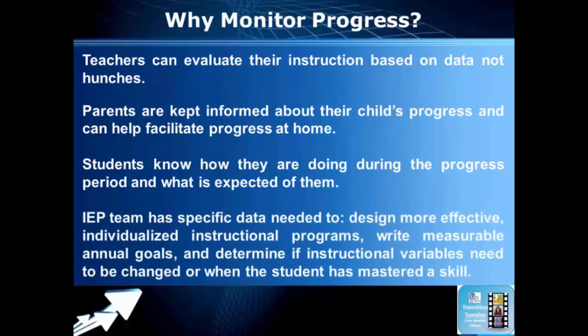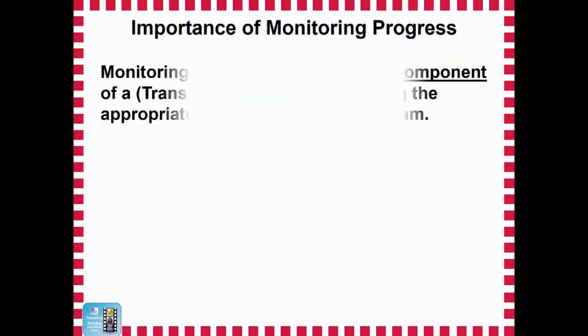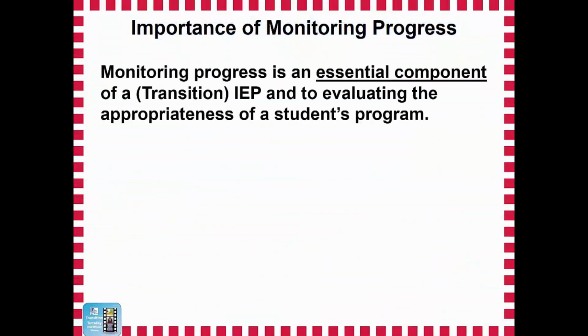And the IEP team has specific data needed to design more effective individualized instruction programs, write measurable annual goals, and determine if the instructional variables need to be changed or when the student has mastered the skill. As you can see, monitoring progress is an essential component of an IEP, and in this case, transition IEP, and to evaluating the appropriateness of a student's program.